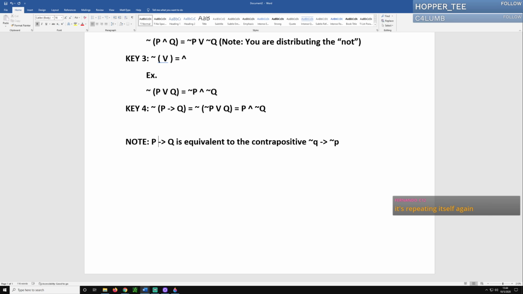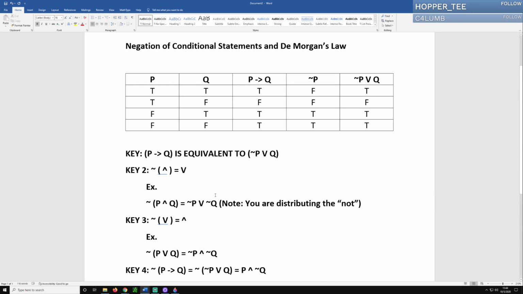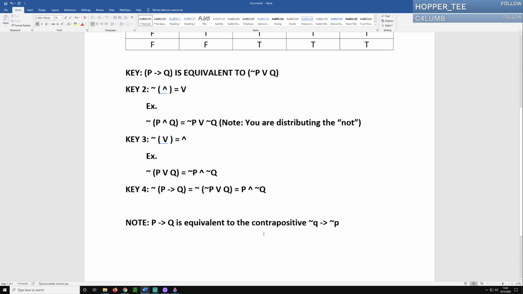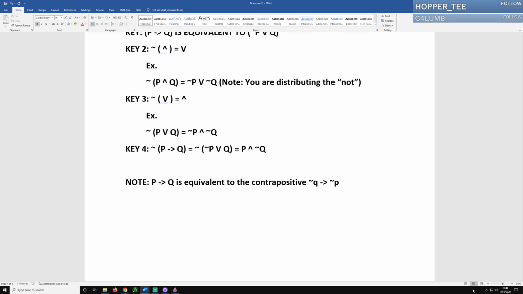Again, you can check that out the same way we did in the very beginning with this truth table. You'll see that it works out.